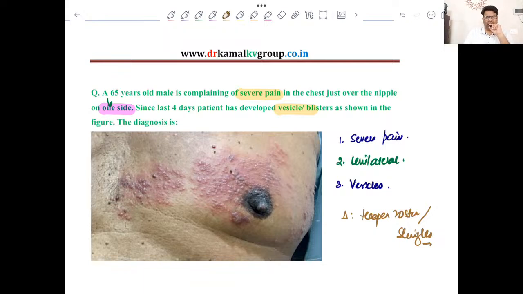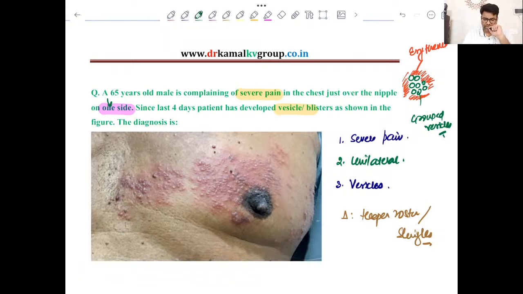And while we were discussing herpes genitalis, we discussed that there are multiple grouped vesicles resting on an erythematous base, erythema or redness, and these are the grouped vesicles. This is very characteristic for herpes.